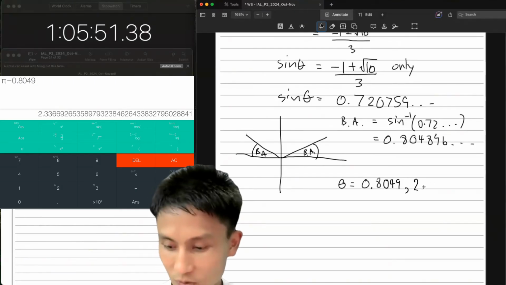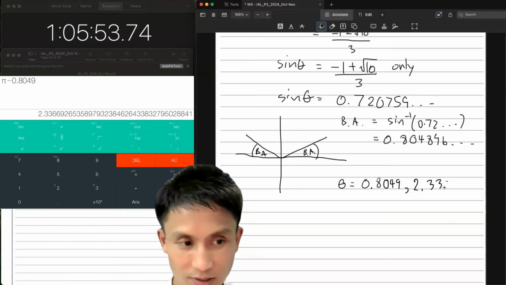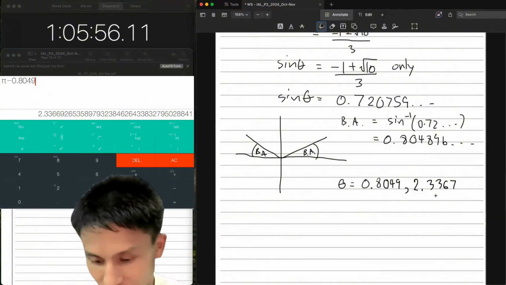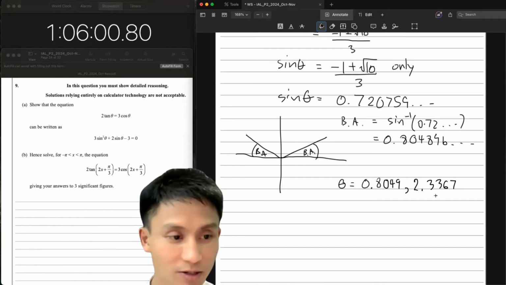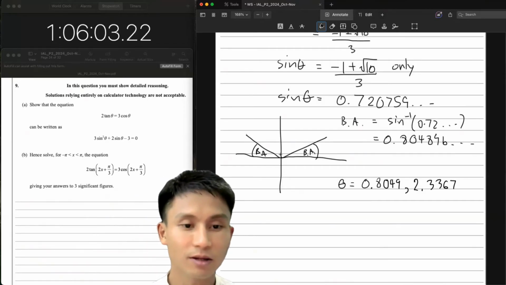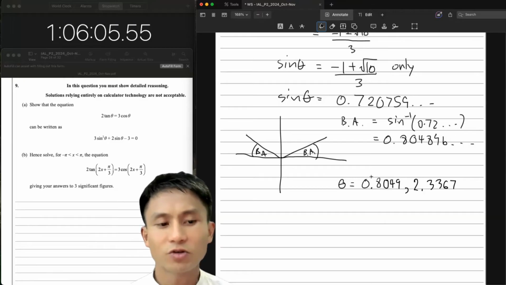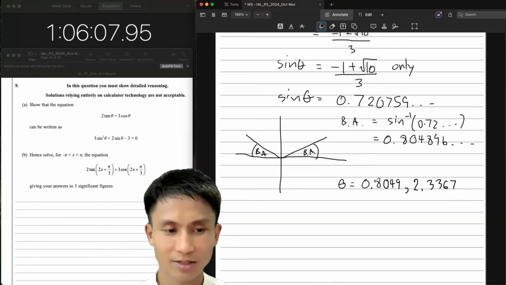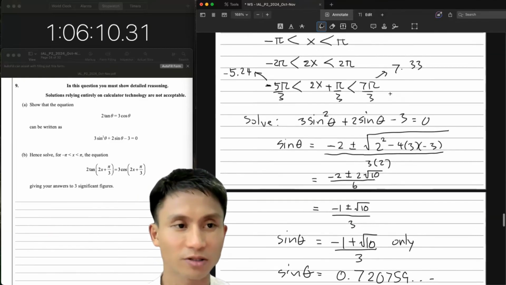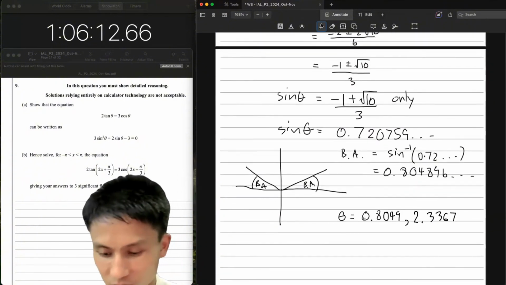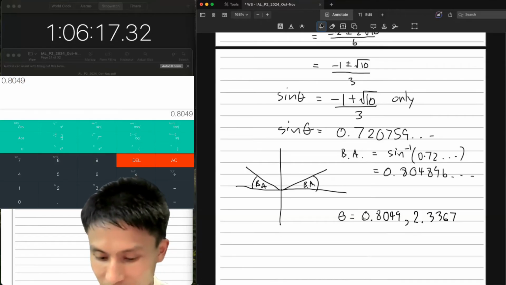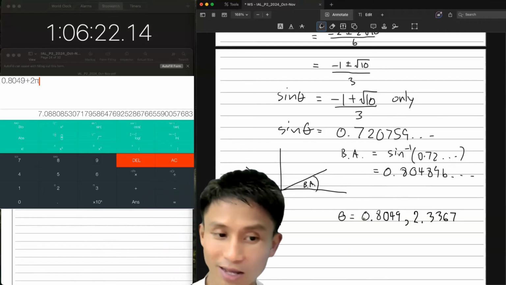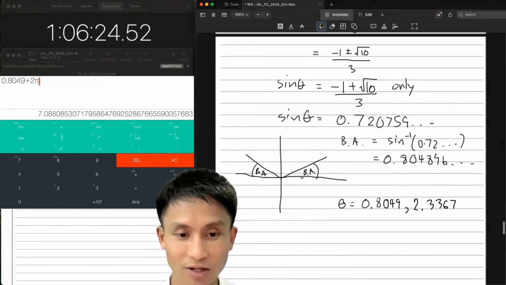This is 2.3367, just 4 decimal places there. I'm going to change to the right significant figures later. And if we try to add this to 2 pi, we see if it's over 7.33. 0.8049 plus 2 pi is not over the limit yet, so we have to take another one here.